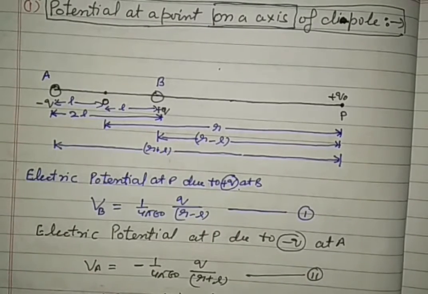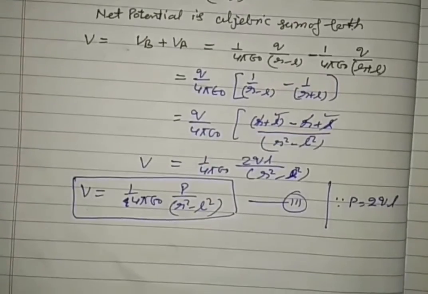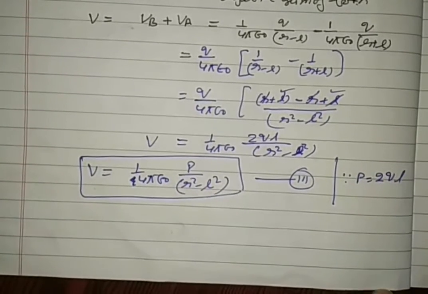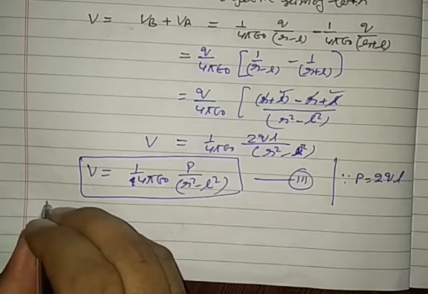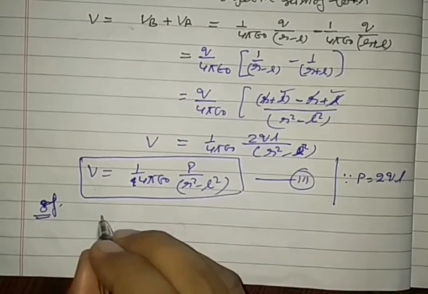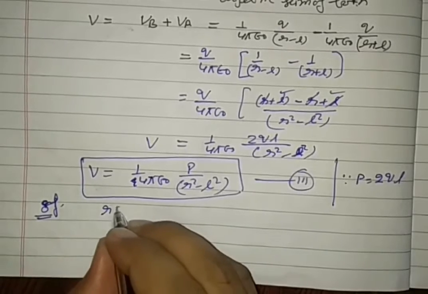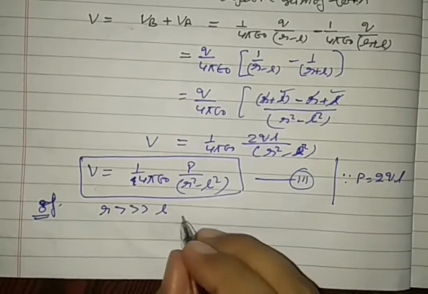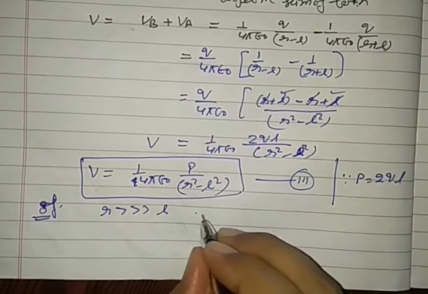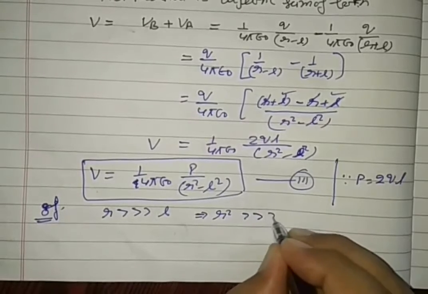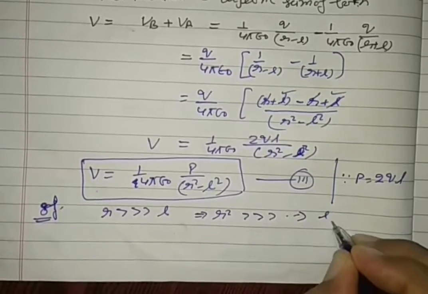Now focus here. If a certain condition, R is much greater than L, this implies that R square is much greater than L square.